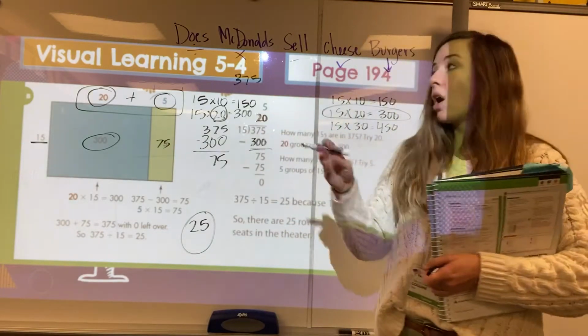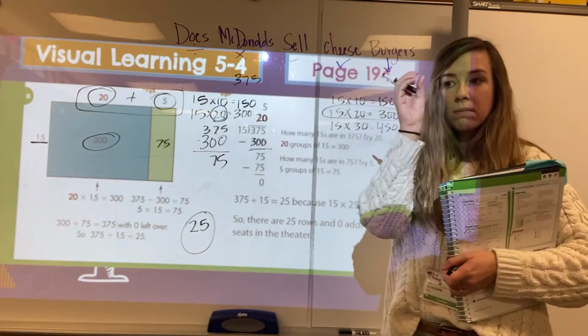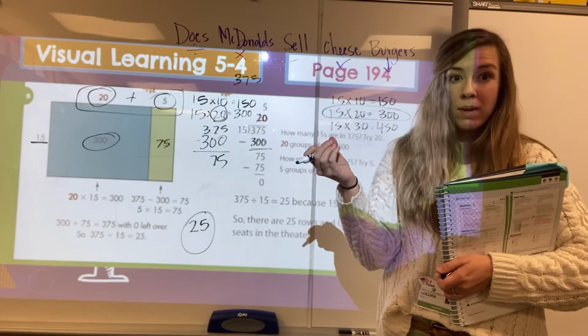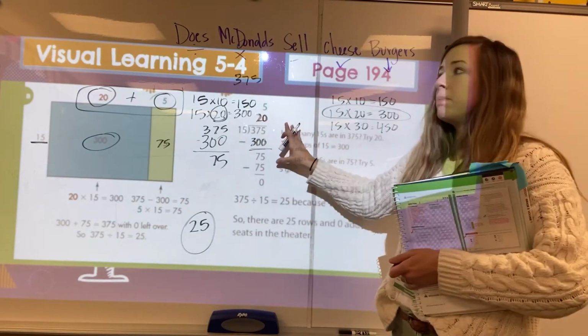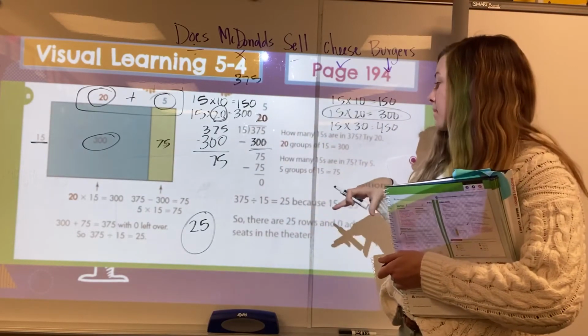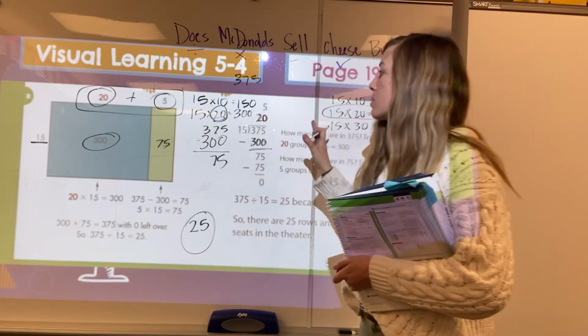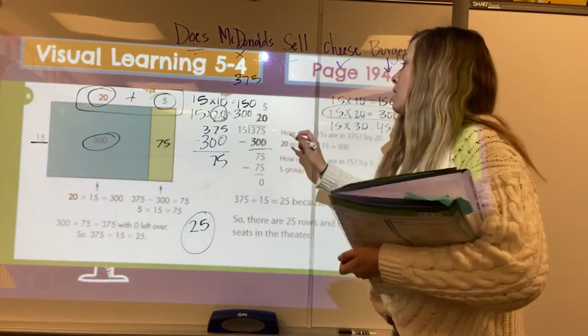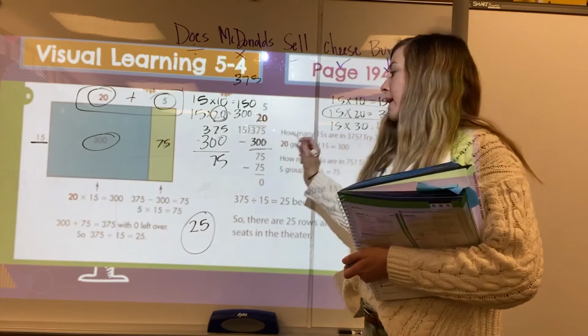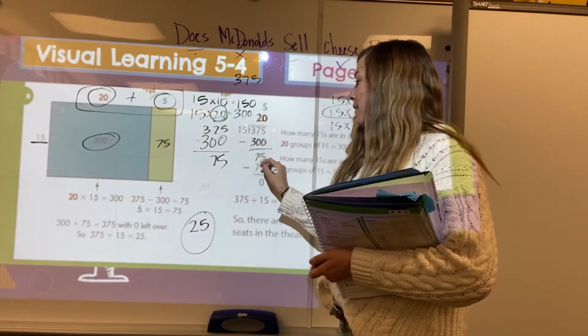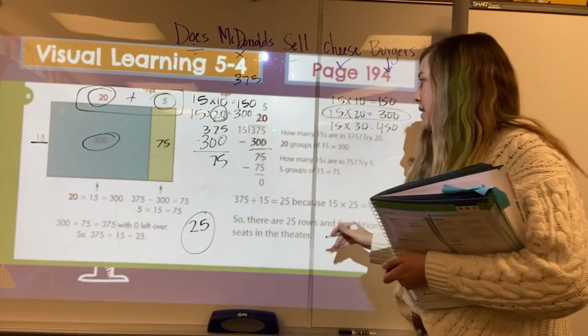So this method up here goes more like step at a time, like the standard method with multiplication. This would be more using our, we're just doing partial products with it. So first partial product was 20. We take out 300, we've got 75 left over. Okay, well, how many times does 15 go into 75?